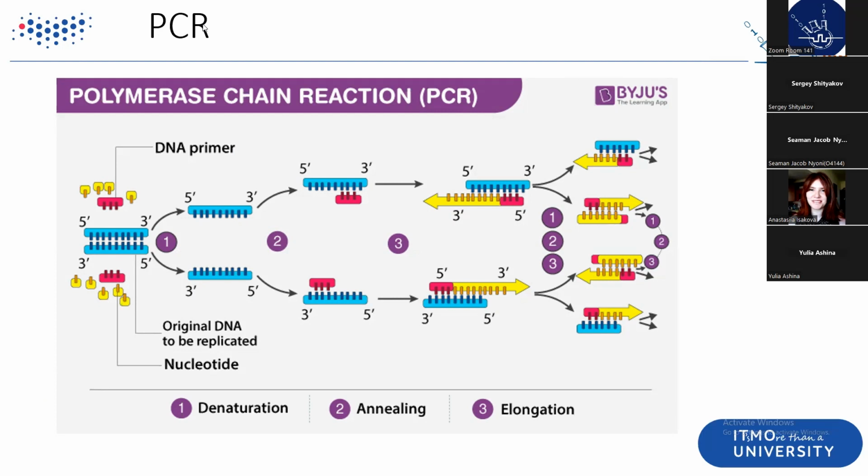The polymerase chain reaction is a very commonly used methodology in synthetic biology, especially when you want to amplify part of the target DNA, as shown here. We have some region that we would like to amplify.